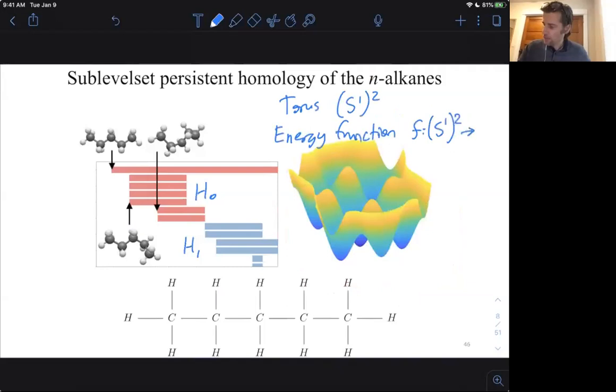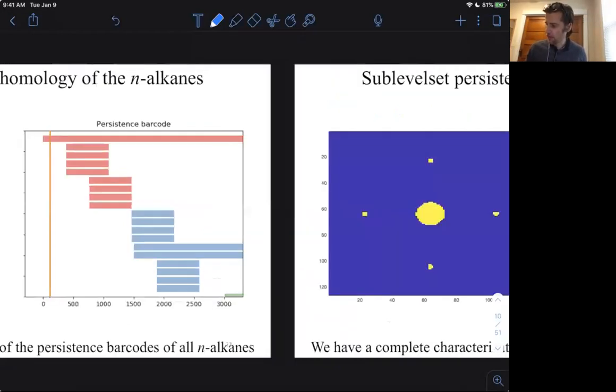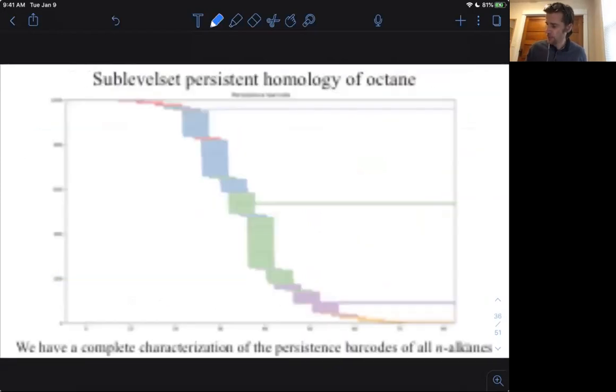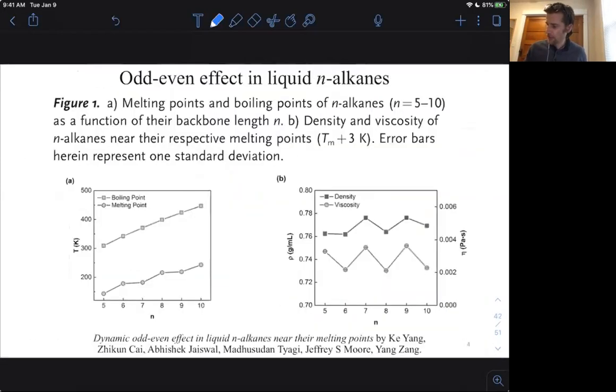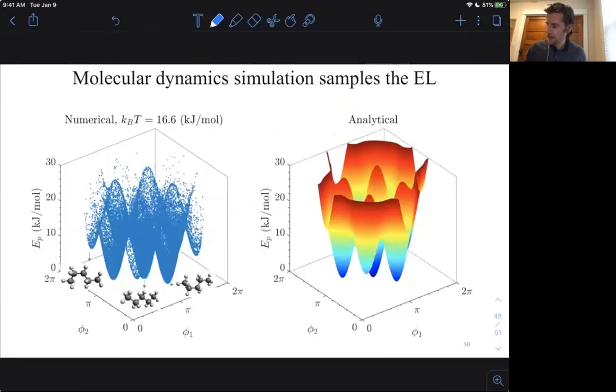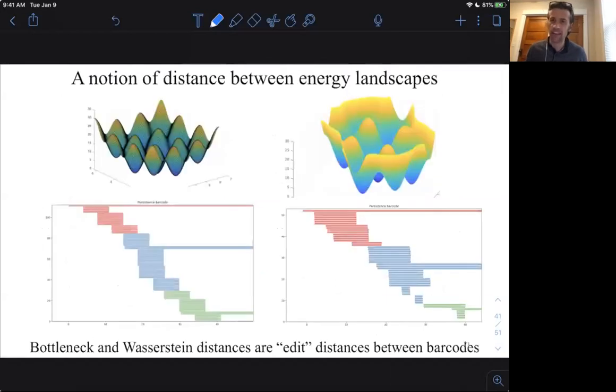So this particular example drawn here is, well, let me jump ahead a bit. First, I'm going to do the easiest case where we have an analytical description of the energy landscape. Okay.